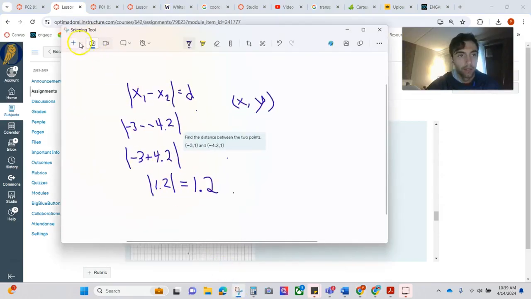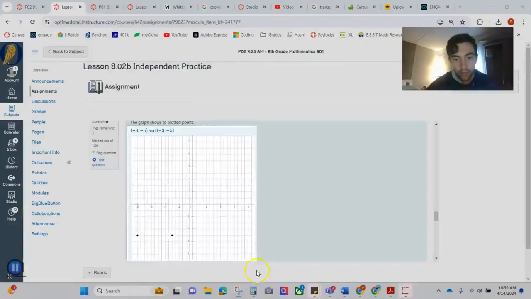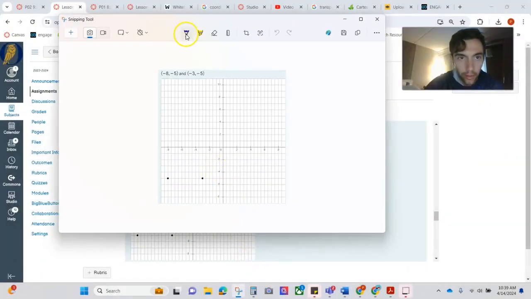So let's see the distance of this graph. Let's see if each jump is a half. So I got half, 1, 1.5, 2. Oh, I lost count. 0.5, 1, 1.5, 2, 2.5, 3, 3.5, 4, 4.5, 5. Okay, I think it's 5. But let's use our subtraction formula.